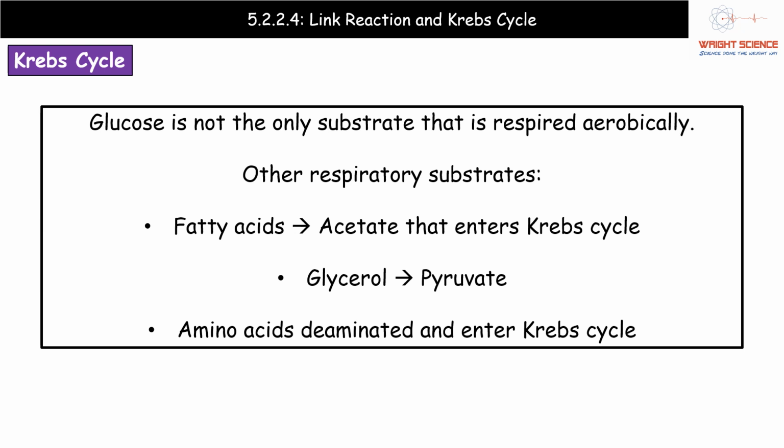If we think about amino acids, these would undergo a process of deamination and then they enter Krebs cycle. So we can use these different respiratory substrates, it's just that they're not all starting at that very beginning point at the start of glycolysis. They basically filter in at different stages depending on what the substrate is, but they still go through aerobic respiration.